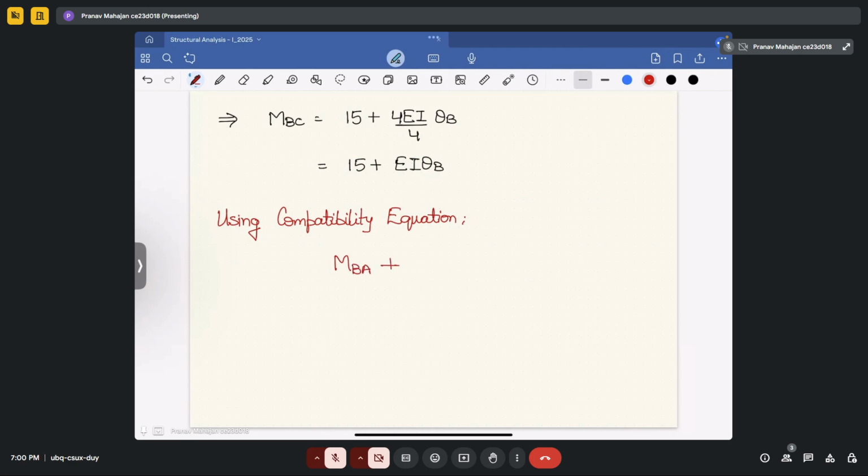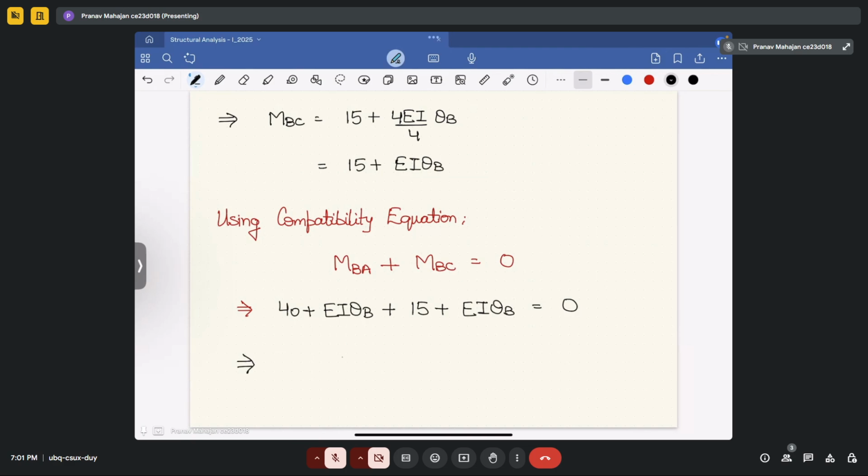MBA plus MBC need to be equal to 0. Okay, so let's substitute all these values what we have calculated earlier. So we have calculated MBA to be equal to 40 plus EI into theta B plus 15 plus EI into theta B, and it is equal to 0.